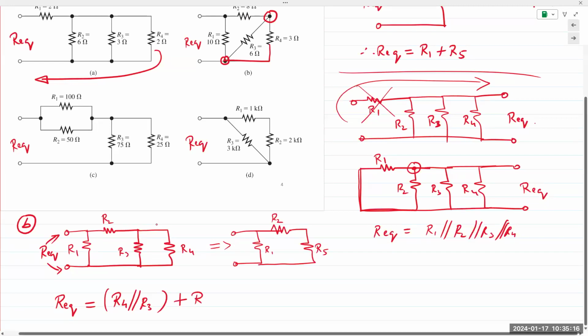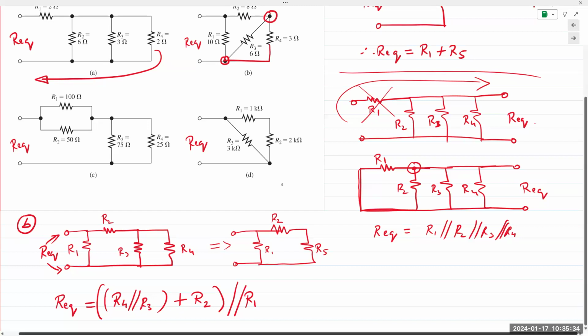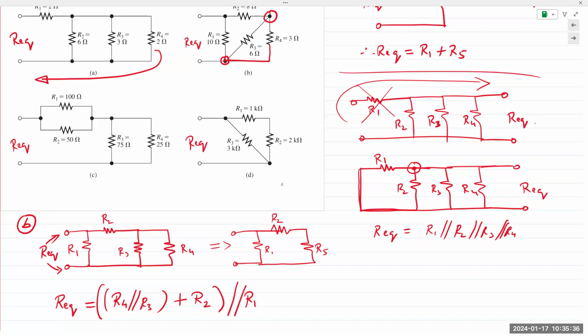So this would be in series with R2, and that combination is in parallel with R1. I'll take a 10-second pause while you let that sink in. Let me know if you have any questions.